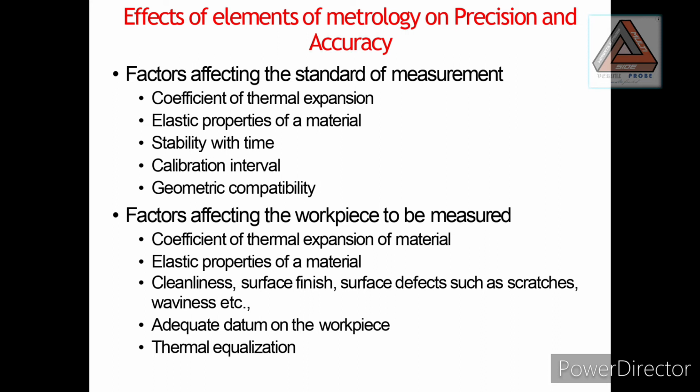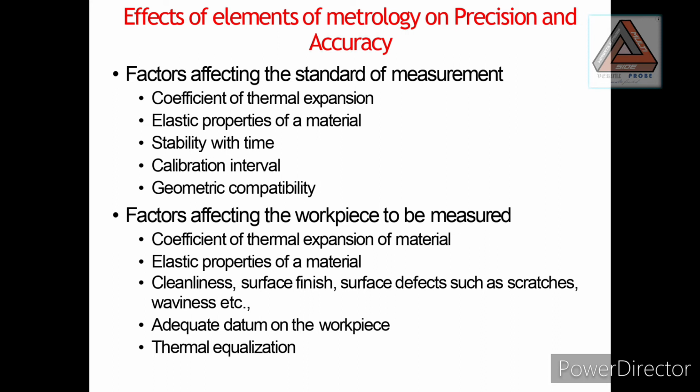There must be some person or a mechanism to carry out the measurement. Modern gauges are increasingly easy to use, but the failure to adequately train the operating personnel will lead to poor performance. So the person is an element of metrology.